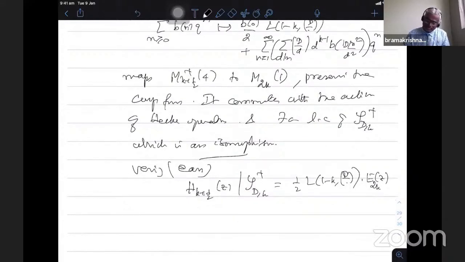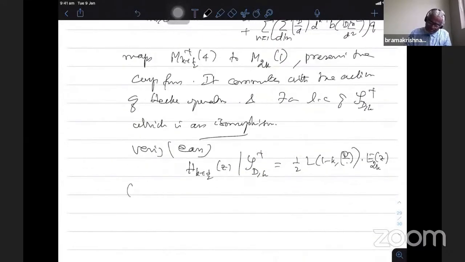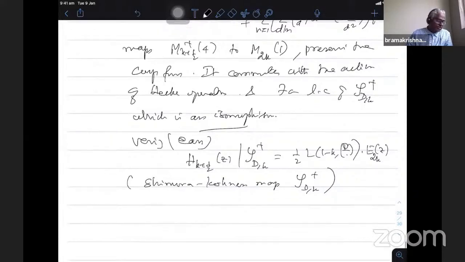So that we call, to distinguish between Shimura and Shimura, the plus space map. So we refer to this as the Shimura-Cohen map S_{d,k}^+, to distinguish between these two different mappings. There is a difference: these maps are indexed by fundamental discriminants, whereas the Shimura map is indexed on square-free integers.